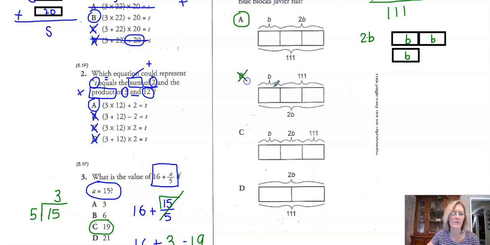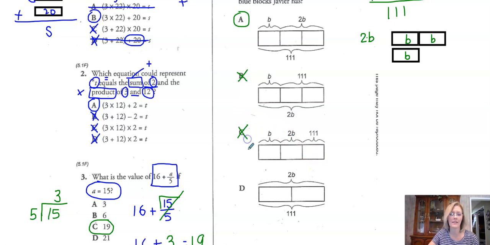It's not what this was. That didn't show a picture of this. And then we have a 1B. But then it shows 2B being the exact same size. Well, that can't be it because 2B has to be twice as big. And then it says the 111 is that one little bitty tiny block there. No, 111 is all of them together.